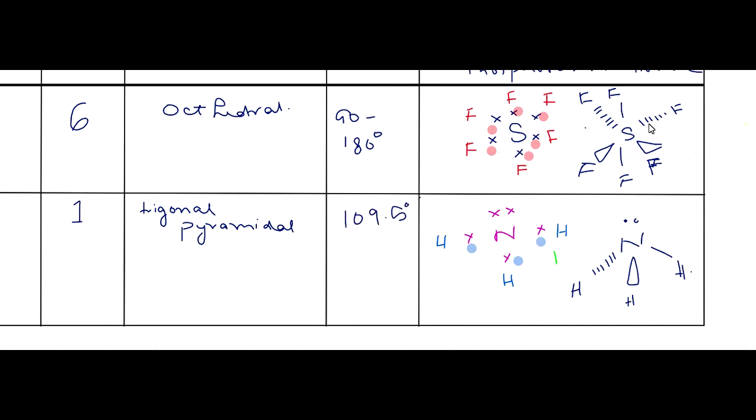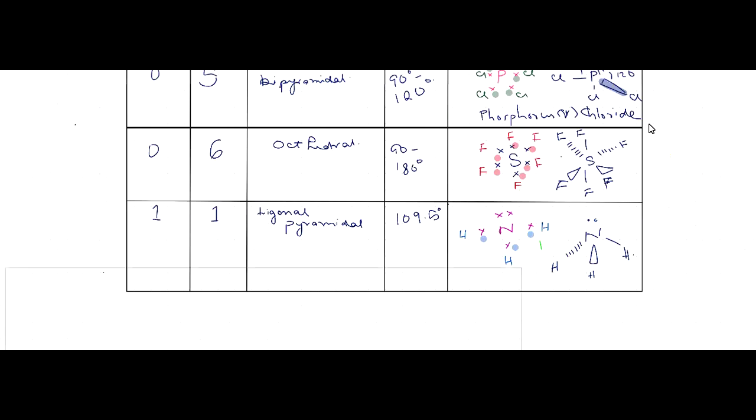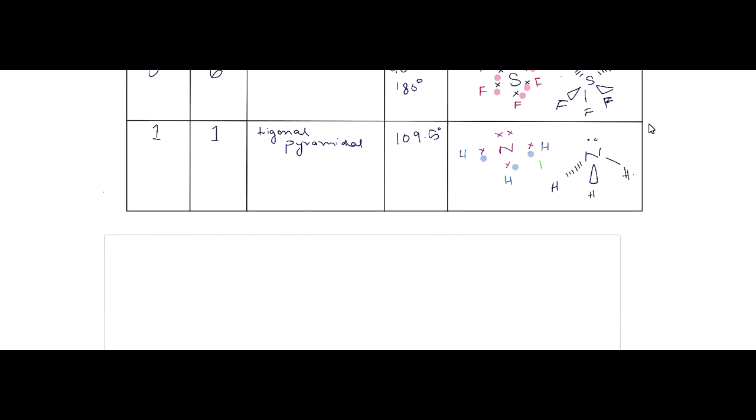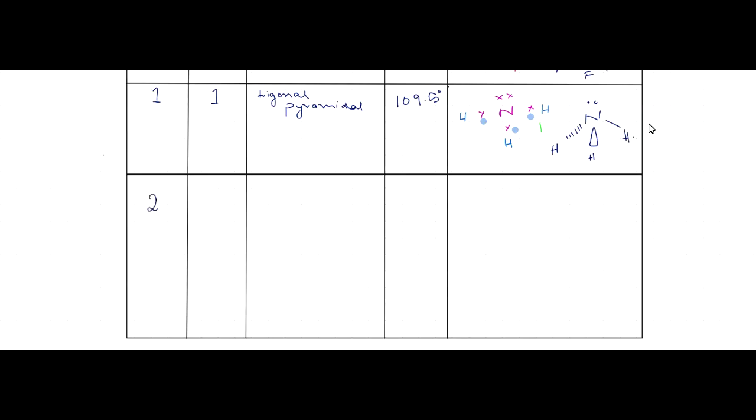Then let's go on to what will happen if we have two lone pairs of electrons. You have two lone pairs of electrons and two bonded pairs of electrons.